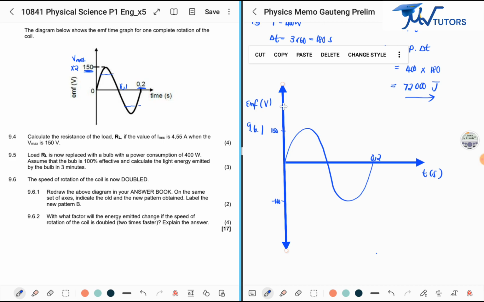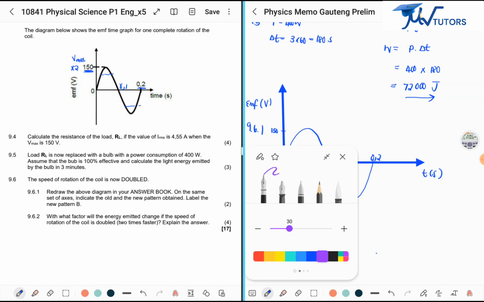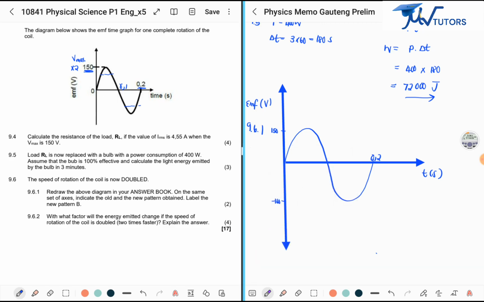Now we're going to go all the way to 300. So we have 300, and then the period of the graph would have reduced. Instead of 0.2, we will now look at 0.1.